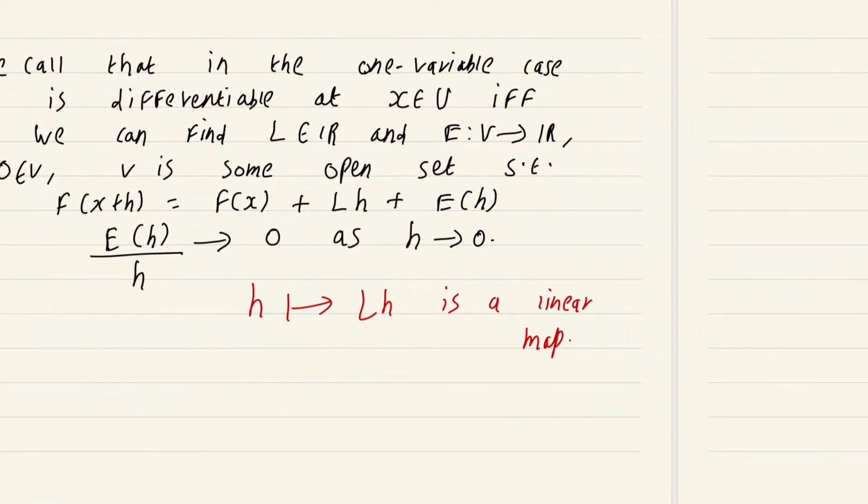Let's do that. Definition. As I mentioned, throughout f from U to R will be a function and U will be an open set, so I'm not going to write that in the definition.